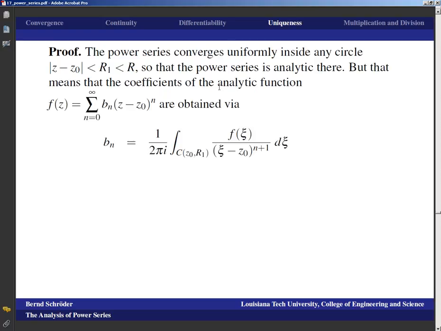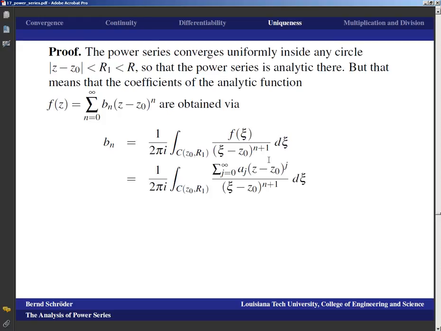And that means that the coefficients of the analytic function f of z equals the sum n equals 0 to infinity b_n (z minus z0) to the n are obtained via b_n being 1 over 2 pi i times the integral over the circle of radius r1 around z0 of f of zeta divided by (zeta minus z0) to the n plus 1 d zeta. So these would be the Taylor coefficients here. And that all comes just from the theory of analytic functions, of the theorems that we've proved quite a bit earlier now.